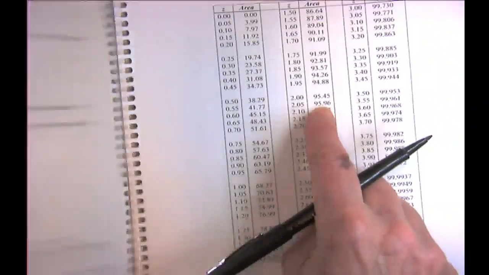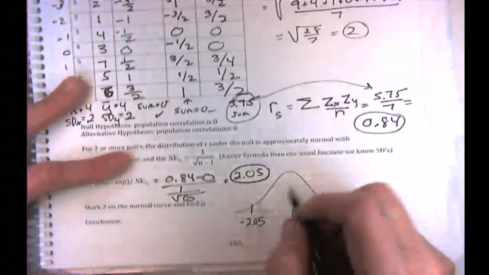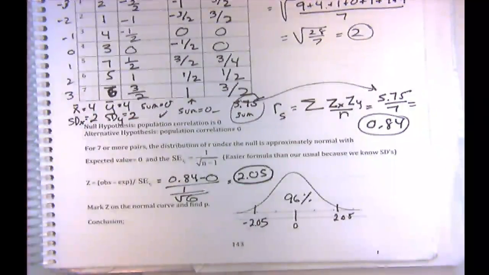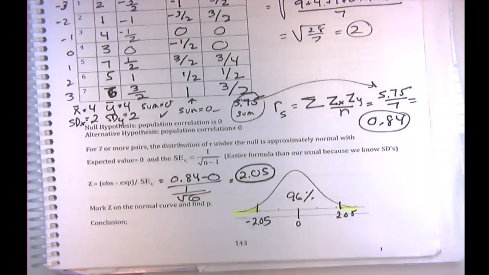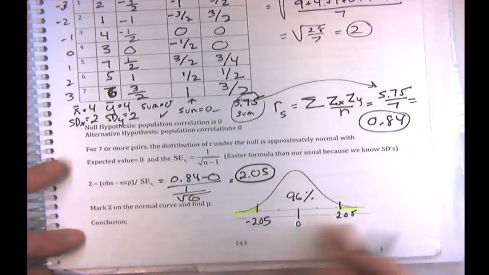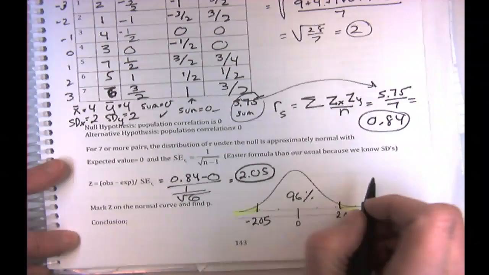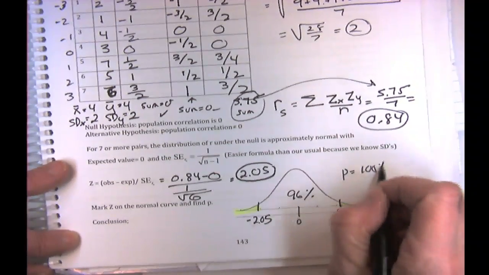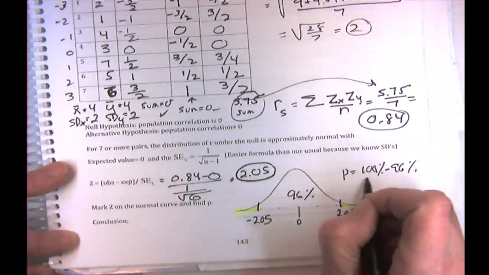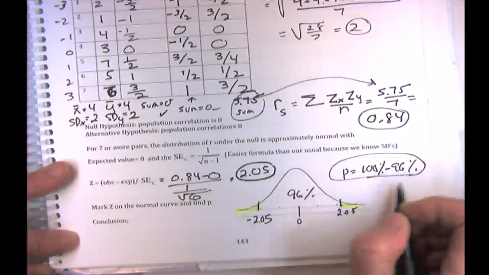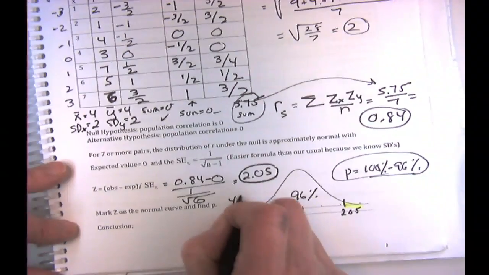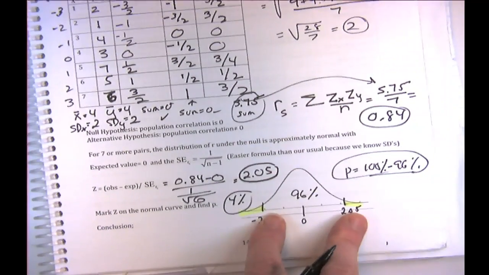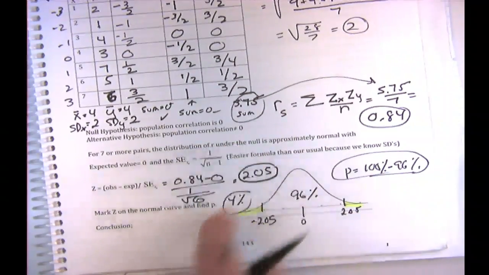But we're at 2.05, so we have 96% in the middle. So our p-value is right there. We don't divide, right? Because we want both tails, because I didn't specify a direction.